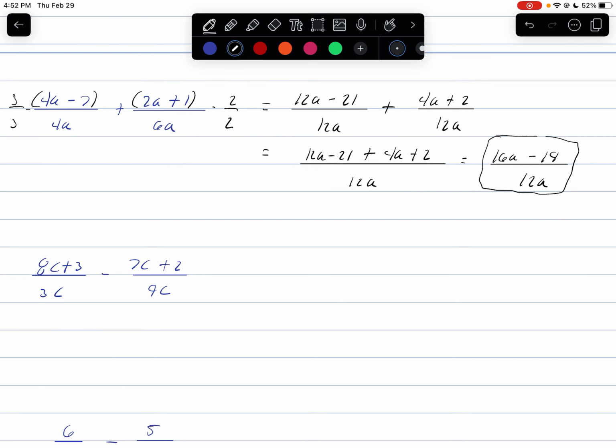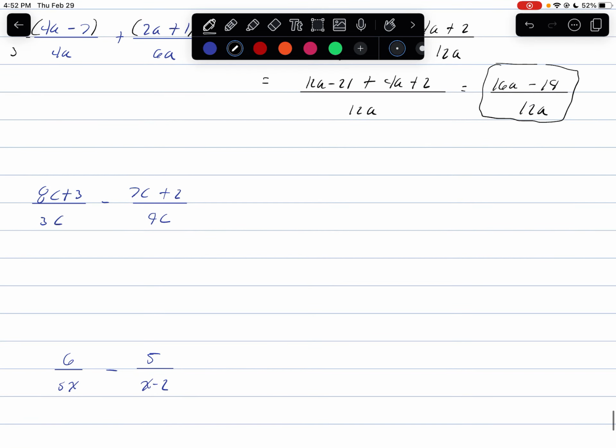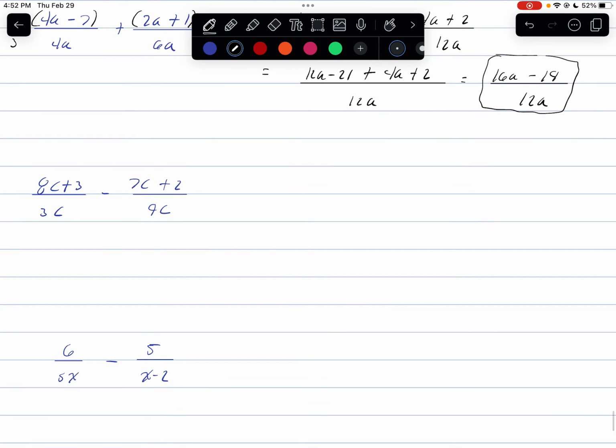Okay, how about this one? Here we have 8c plus 3 over 3c minus 7c plus 2 over 9c. What we can notice is that if we multiply the left term, the 8c plus 3 over 3c, by 3 over 3, that will give us the exact same denominator as the 9c here.